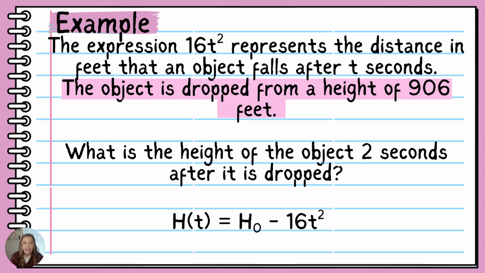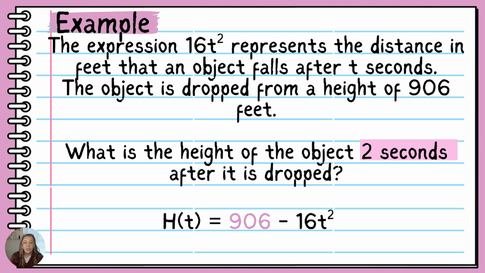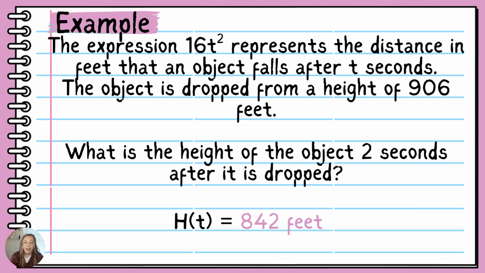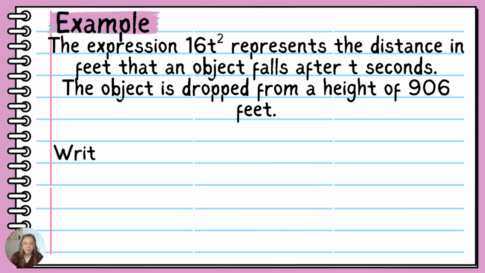We can replace h of 0 with 906. And we know that the object is falling for 2 seconds, so we'll replace t with 2. Now we'll just do the math. 2 squared gives us 4. 16 times 4 gives us 64. And if we subtract that from the initial height of 906, we'll get a height of 842 feet.